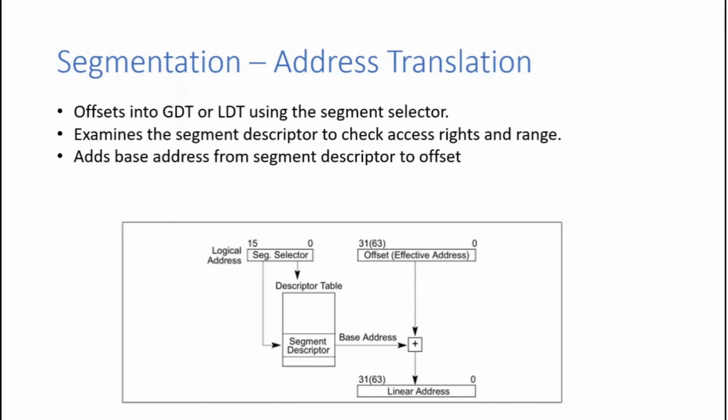The index field is multiplied by 8 and the result is added to the content of the GDTR or LDTR register. It then adds the offset of the logical address to the base address field of the segment descriptor, thus obtaining the linear address.